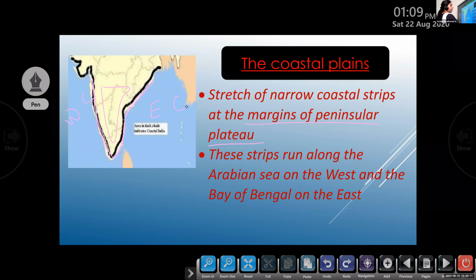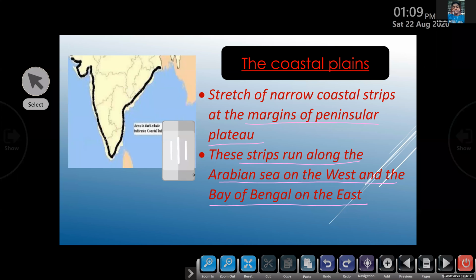These strips run along the Arabian Sea on the west and Bay of Bengal on the east. Western coastal plains are close to Arabian Sea. Eastern coastal plains are close to Bay of Bengal.